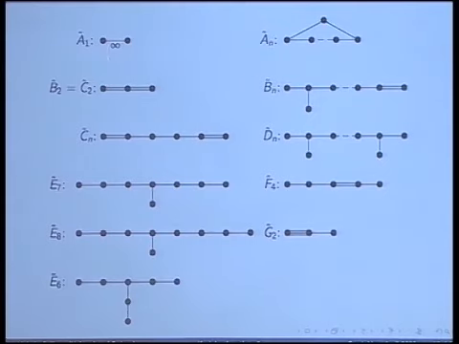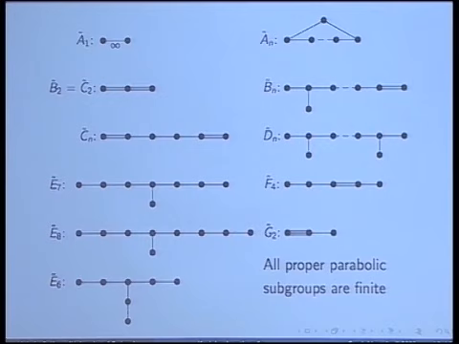So, for example, in type A n tilde, you will never have unequal parameters because this thing is conjugate to this one, so they must have the same weight. You go all around, everything must have the same weight. So unequal parameters only arise in this case here. And another thing which is nice with irreducible affine Weyl groups is that all proper parabolic subgroups are finite. You can check it by hand, they are all finite.